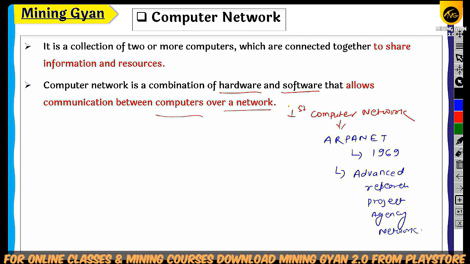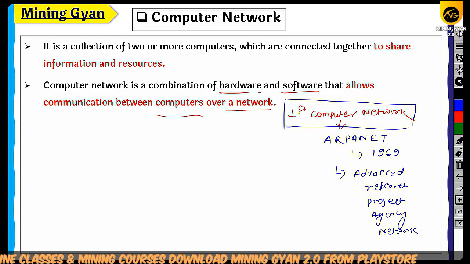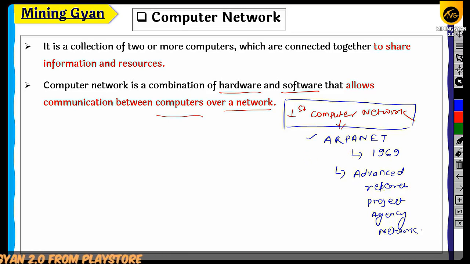So the important thing: suppose there is a question like what is the first computer network? The answer is that ARPANET is the first network, introduced in 1969, and ARPANET means Advanced Research Project Agency Network.